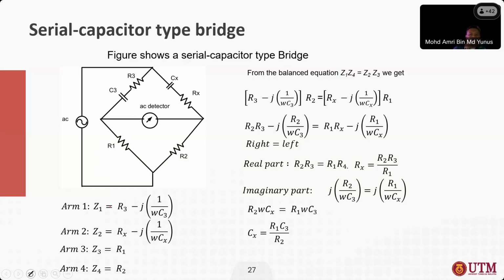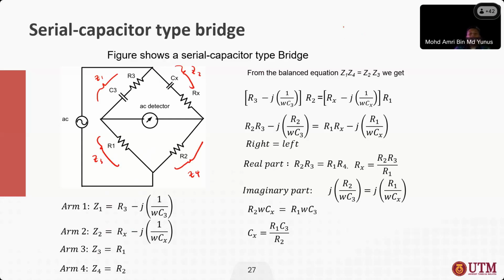So here Z1 is this one, Z2 is this, this is Z3, and this is Z4.